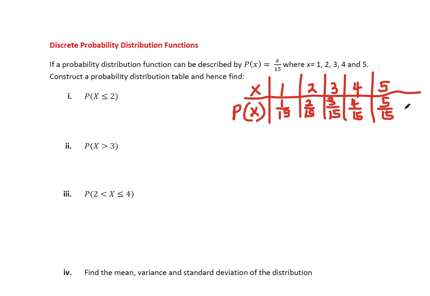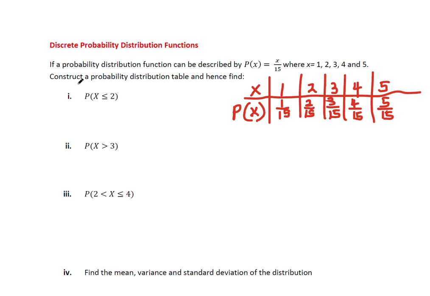So the numerator adds to 15. So we will divide that sum for the numerator of 15 by the common denominator of 15. And 15 divided by 15 is 1, which is the total probability. Total probability always adds to 1 as long as we're working with a legitimate probability distribution function.